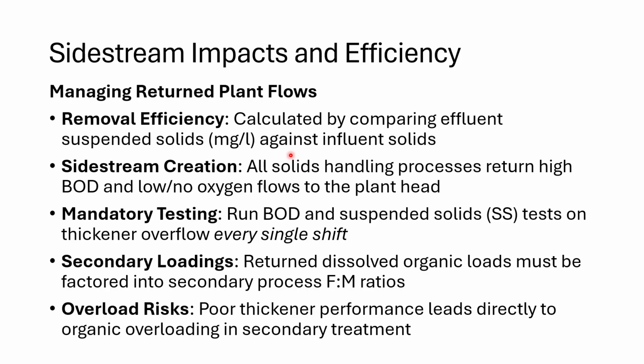And all you're doing with respect to that is you're saying, what are our suspended solids coming in, subtract what the suspended solids are going out, divided by the suspended solids coming in, and multiply that by 100. That's your efficiency. Okay.